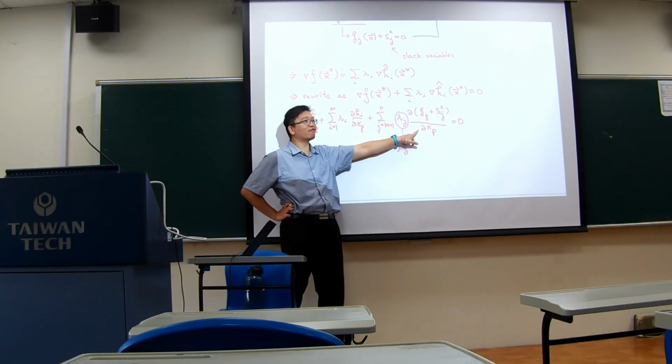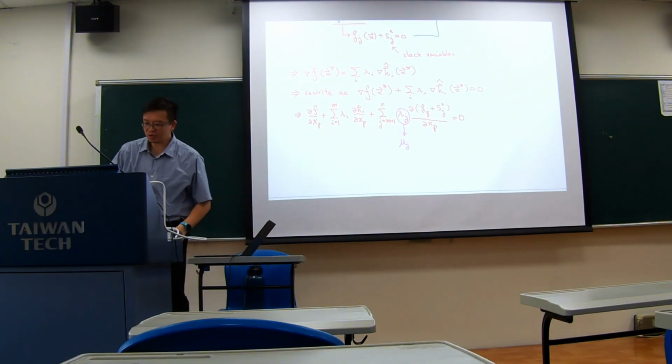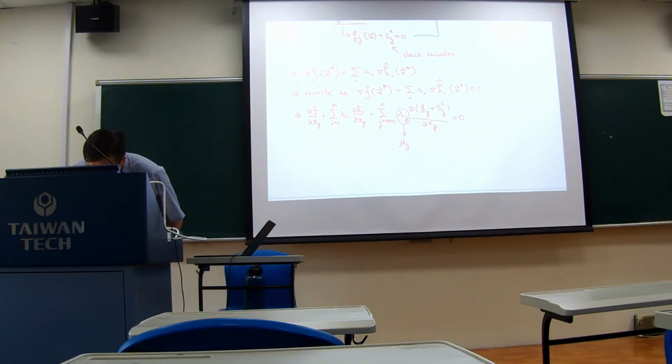So the partial derivative between them would be 0. So this part is 0. Why?